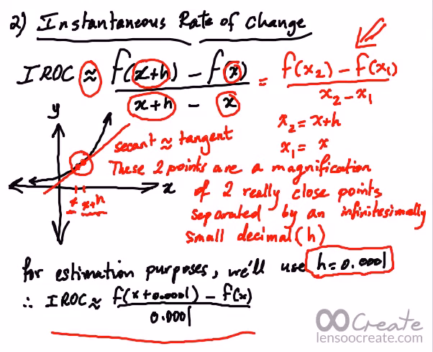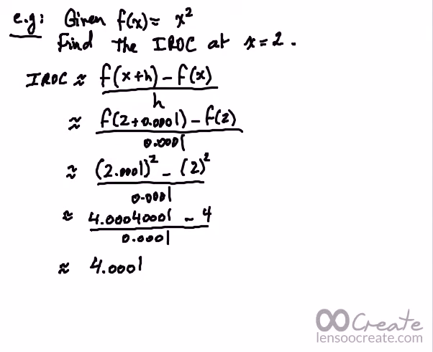Notice how in the equation above, at the top of this page, in the denominator x plus h minus x, the two x's cancel out and you're left with h, and that's why in the denominator here I only have 0.0001. We're going to take an example. We'll use the same function, f of x equals x squared, and find the instantaneous rate of change at x equals 2.